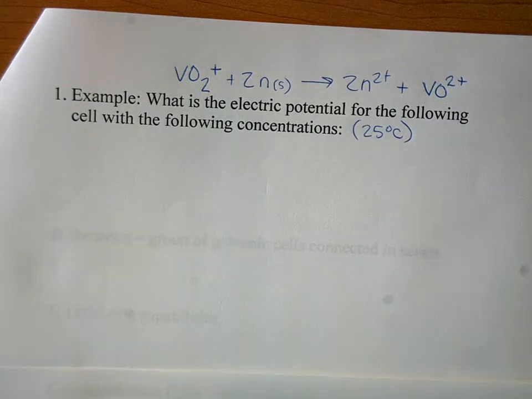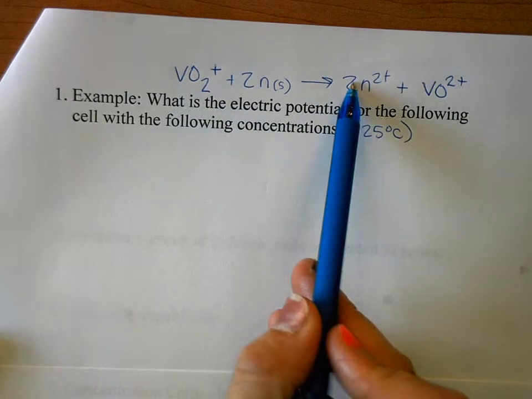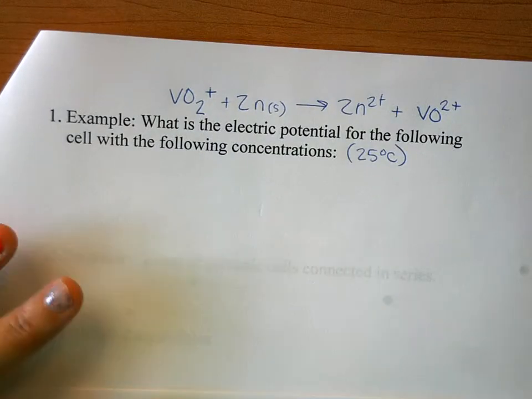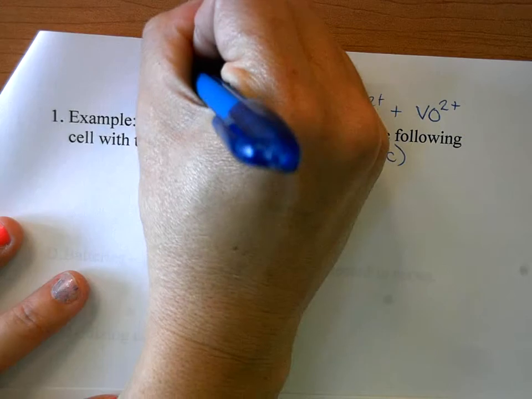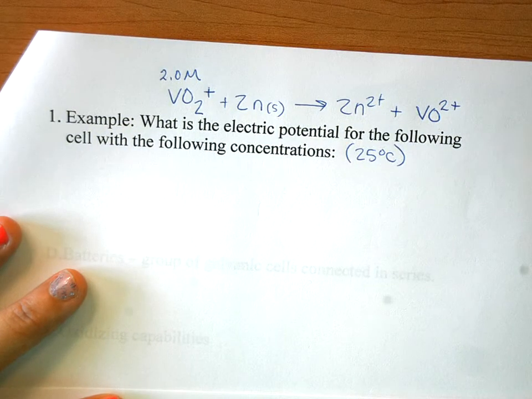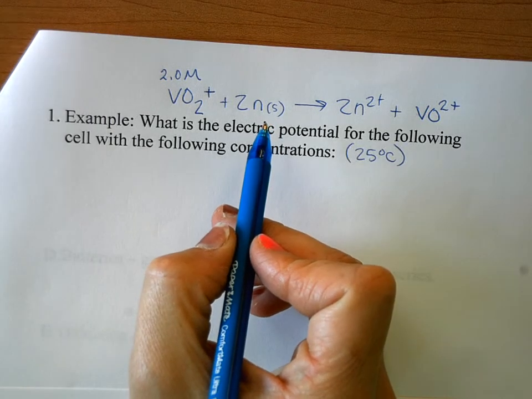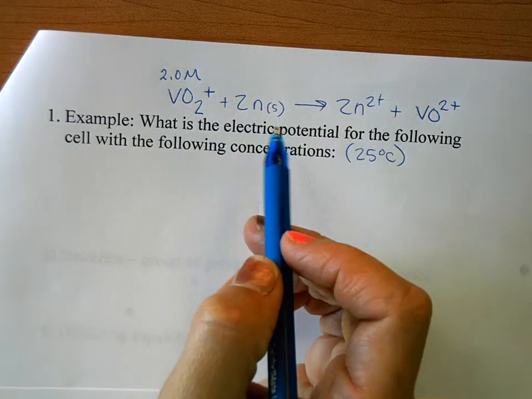And I'm going to be given different concentrations of these things. If we were to calculate the standard electric potential for the cell, then all of these concentrations of ions would be 1 molar. But now we're going to have different concentrations, so it's going to change. We'll have a 2 molar concentration of those ions. Zinc doesn't matter because it's not part of the equilibrium expression. It's a solid, so it doesn't matter.